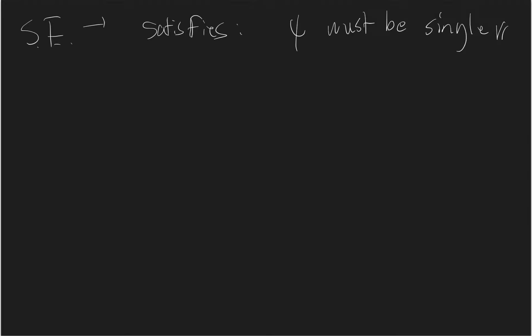So let's look at some properties of the Schrodinger equation. Okay, so the Schrodinger equation satisfies these things. Psi must be single valued. Okay, it must be single valued, and it must be continuous.